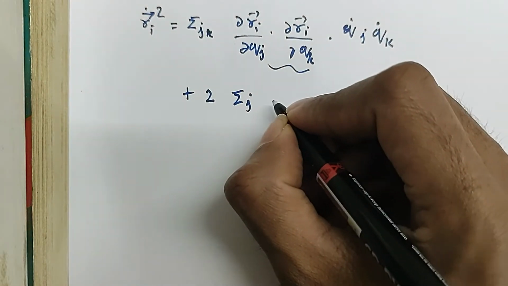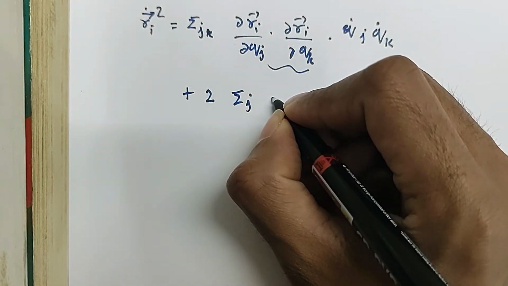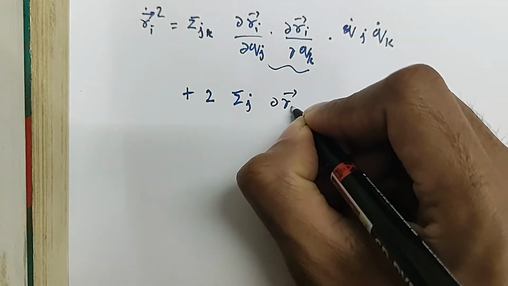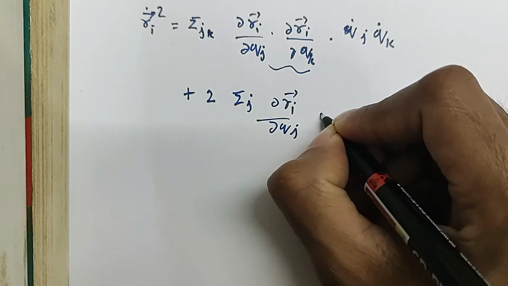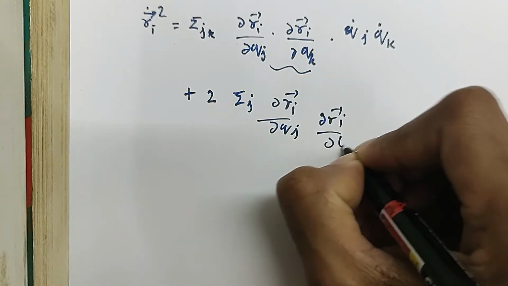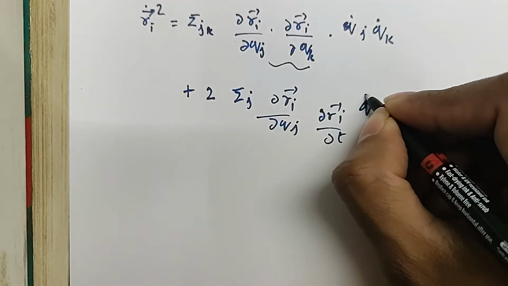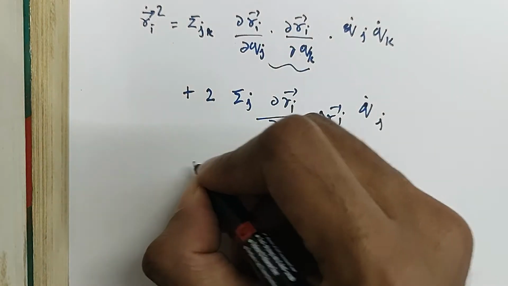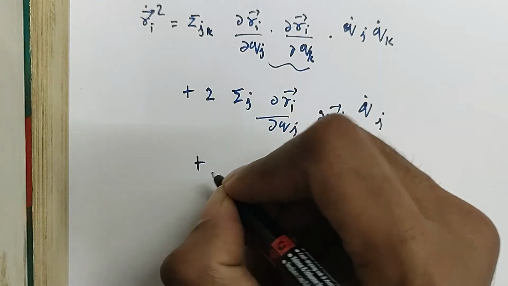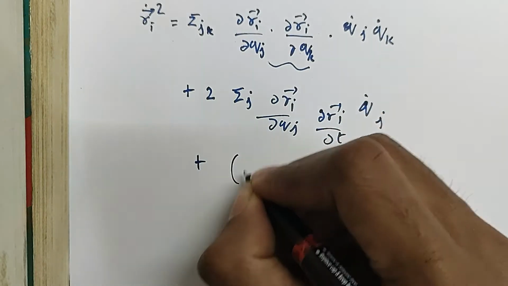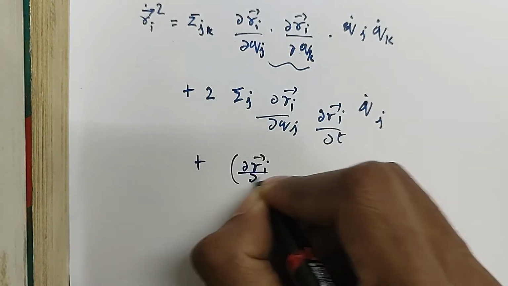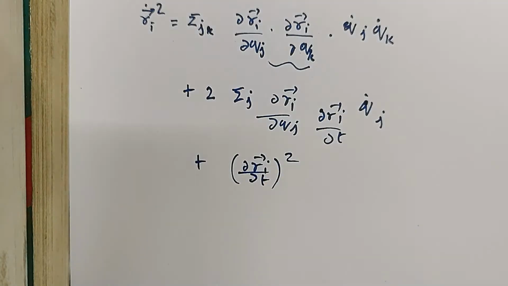Similarly, I'll get 2 summation over j of dou r i upon dou qj times dou r on dou t, and I'll have only the q dot j term. Similarly, my last expression would be dou r i upon dou t the whole square.